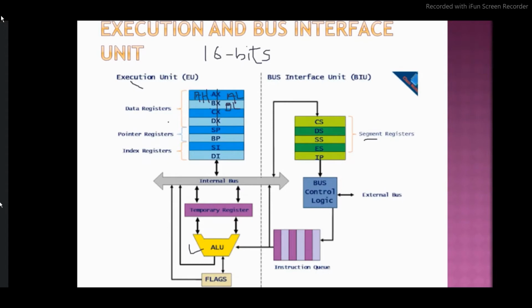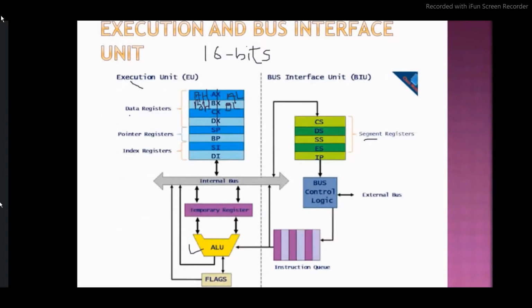The name itself tells you the purpose. You have to focus on the names, then you will definitely understand the meaning. Data registers, the name itself is data registers, so you should understand that they are used to store data. Just as AX and BX are divided into AL, AH, BL, BH, you can divide CX and DX also. Understood? Yes, ma'am.